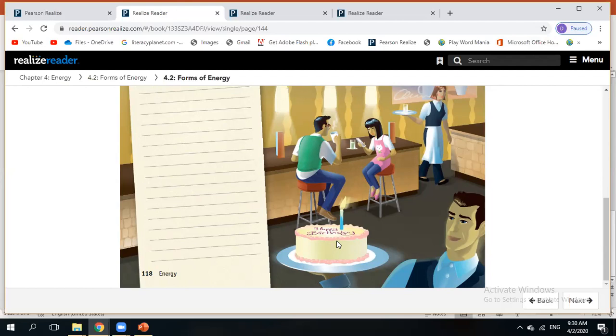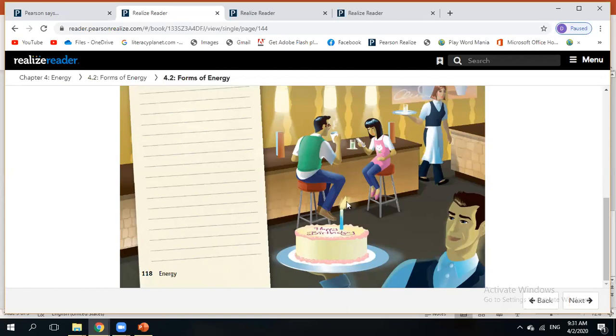And of course, it has chemical energy because it's food. This cake is food, so it has chemical energy. This cake is moving, so it has kinetic, and due to its position, it has potential, so it has mechanical energy.